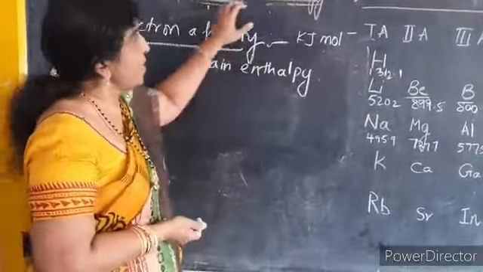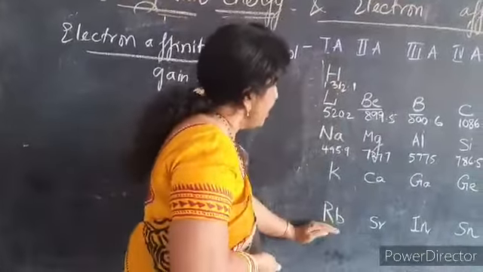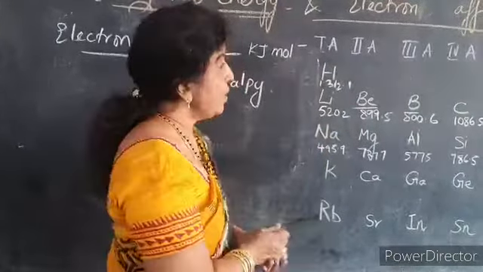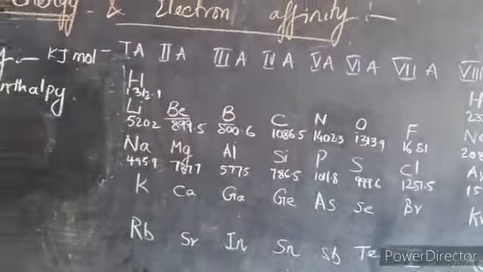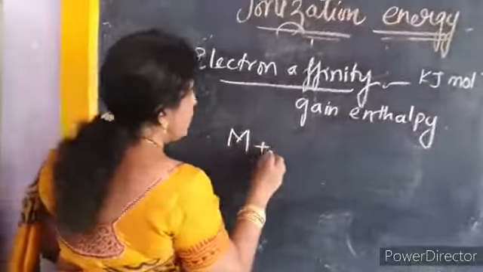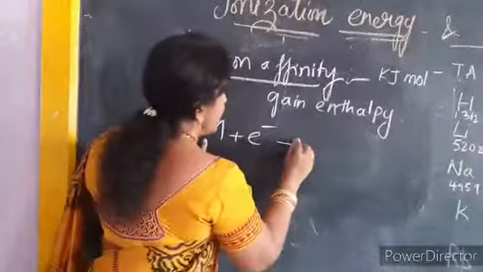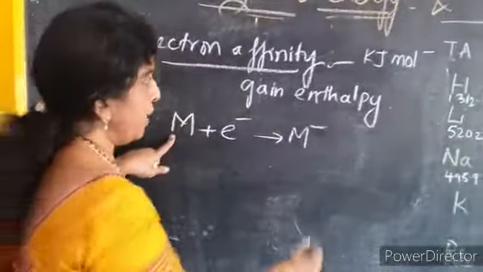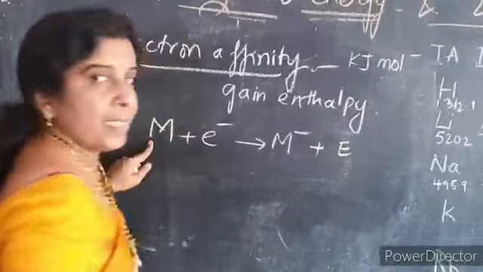Just like ionization energy, the electron affinity decreases down the group and it increases from left to the right. Now for example, when we add an electron to a neutral atom, it becomes a negative ion and energy is liberated.